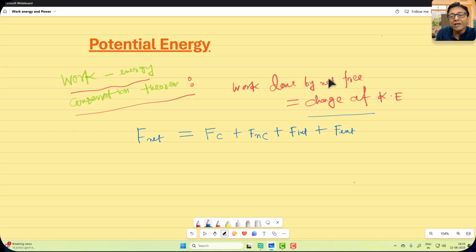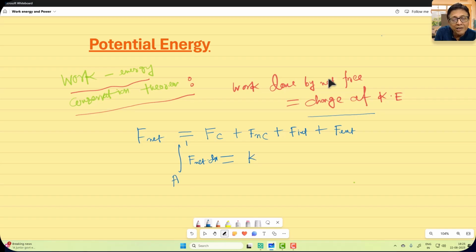And work done by net force, how did you write that? Integral of F net dx.